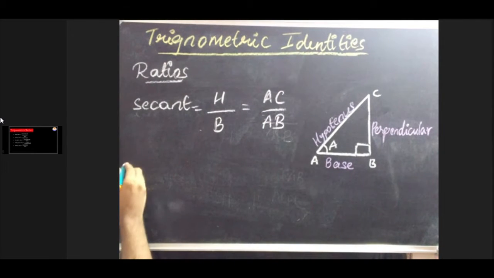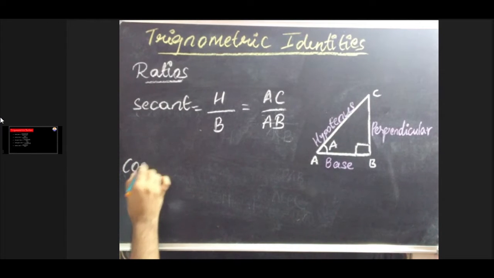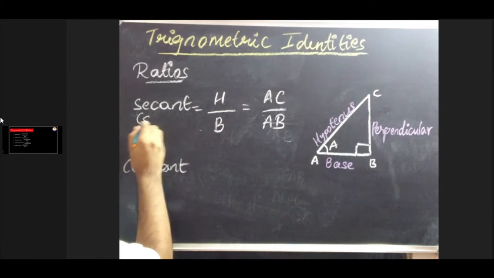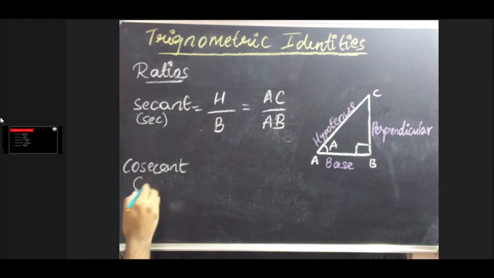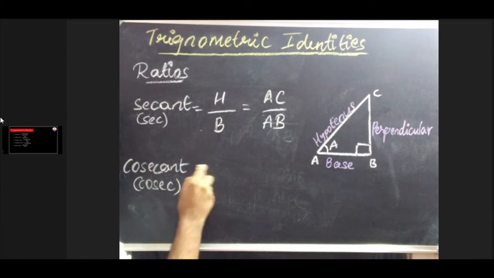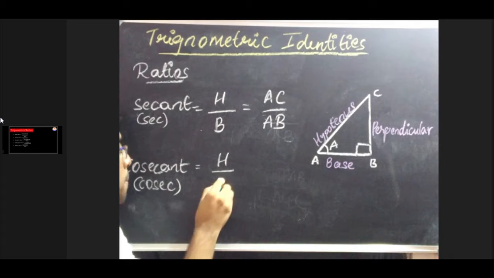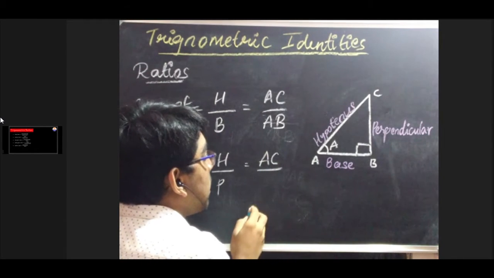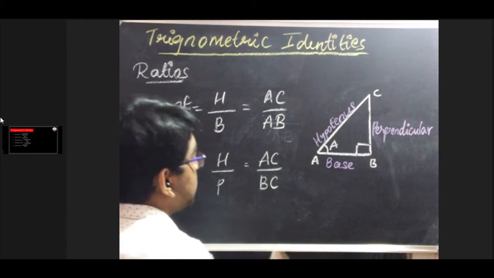Next ratio is cosecant. It is represented as cosec. It is hypotenuse by perpendicular, which is nothing but AC divided by BC.